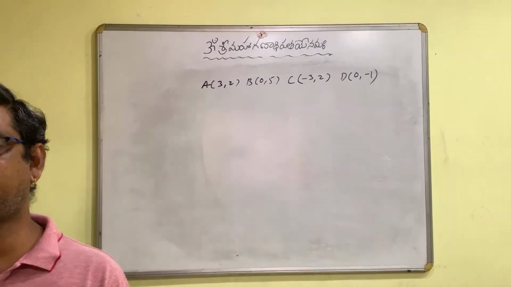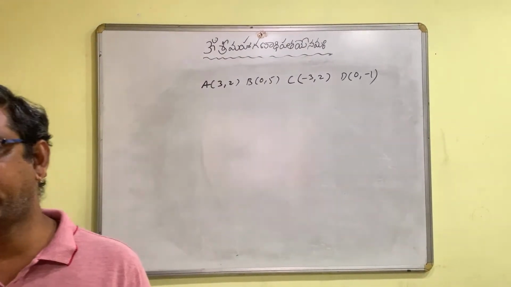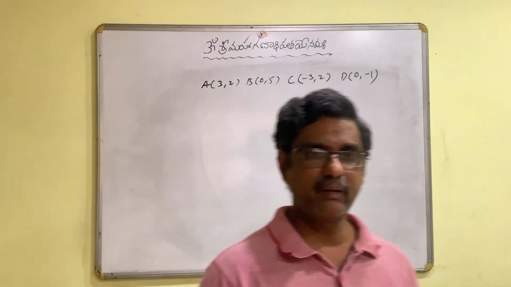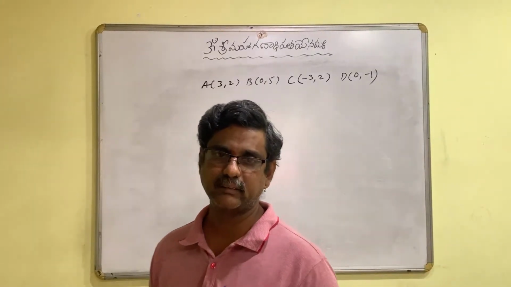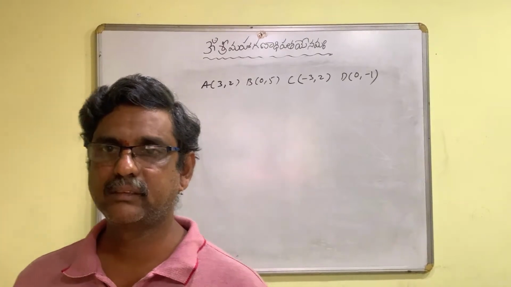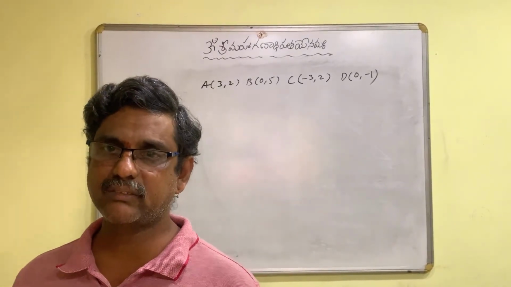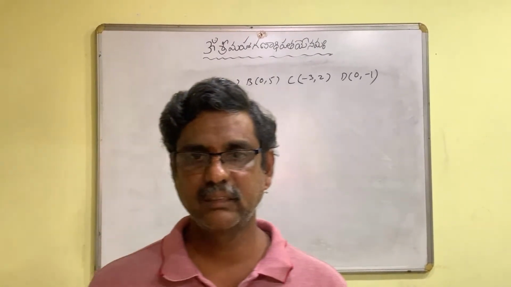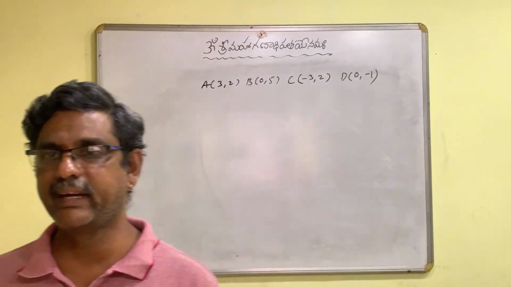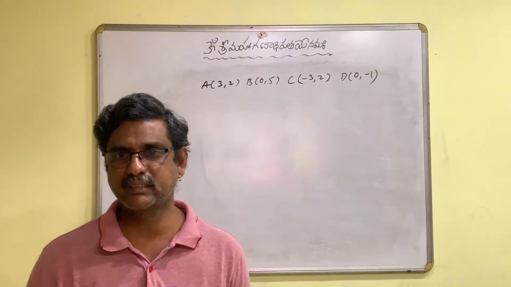Amulya, distance between points, there should be clarity. What distance we need to find? All sides as well as diagonals. All sides as well as diagonals, we need to find the distances.